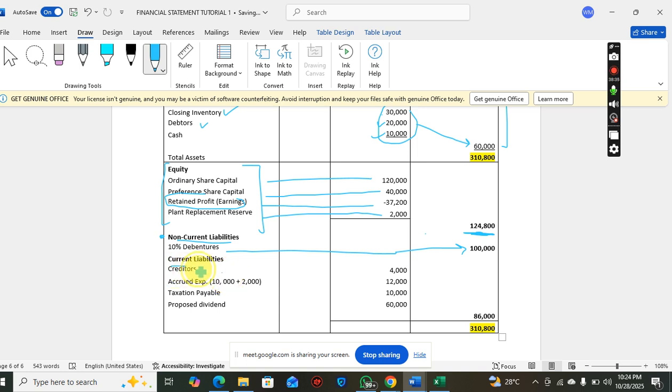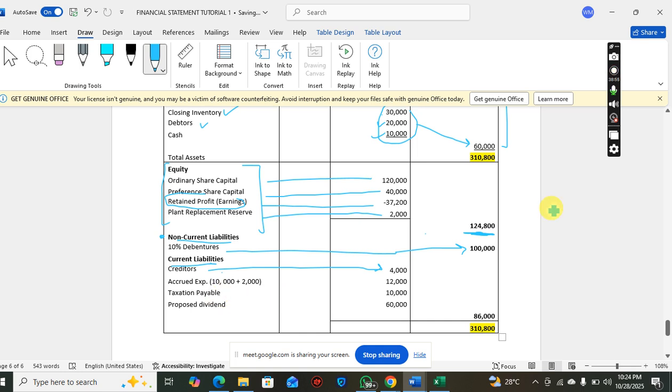After that, you go to your current liabilities. What has to be paid within that year? We have creditors from our trial balance, 4,000. We had the accrued auditors' fees and the accrued director salaries.